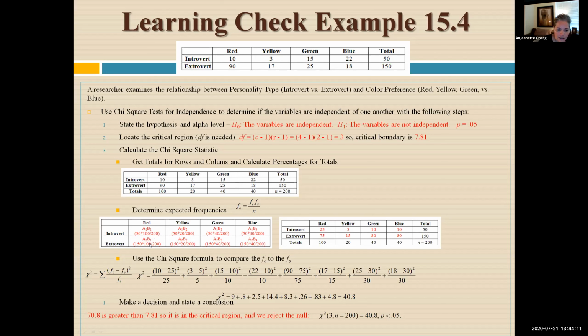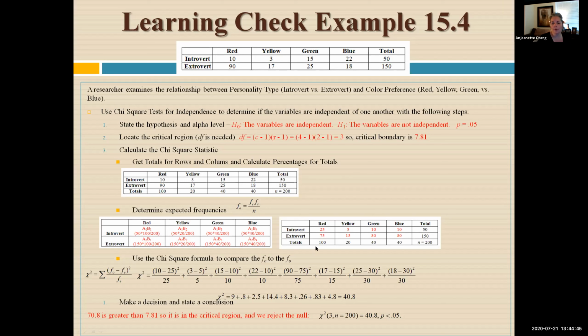So 150 times 100 divided by 200 equals 75. Do the same thing for introvert with yellow: I'm going to take my introvert of 50 times my column of 20 divided by 200 overall equals 5. Extrovert for yellow, I'm going to take 150 and 20 divided by 200 equals 15. Okay, so that's how we do that for each of them.